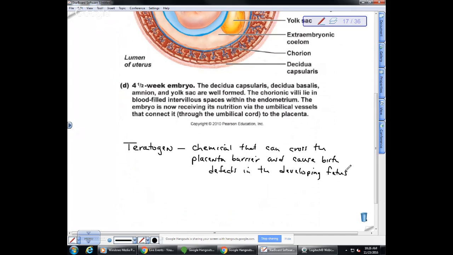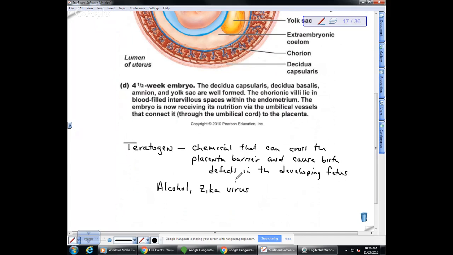Okay, so alcohol would be one of these. We also know now that the Zika virus, right, causes microcephaly. So that would be an example of a teratogen.